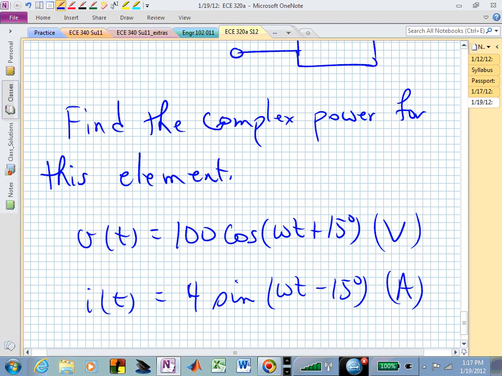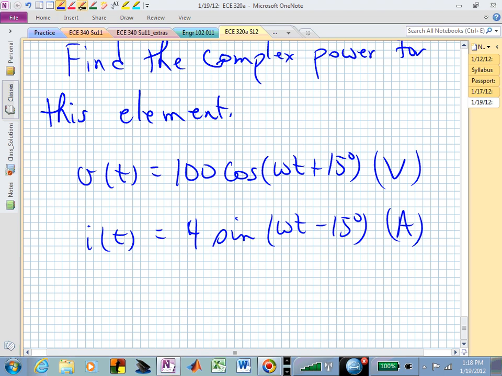We want to always be working with the same entity, meaning we need to convert this current so that this is now a cosine, so that now it makes sense to multiply these together and keep track of the angles. Otherwise, we're 90 degrees off in some way when we start looking at angles. First thing we'll do then is we'll convert to make them the same. Let's convert I of t.